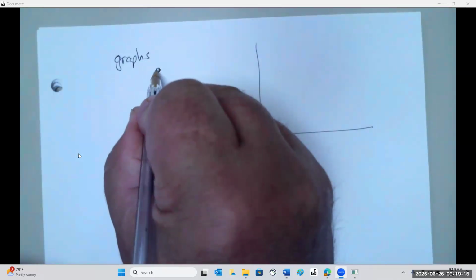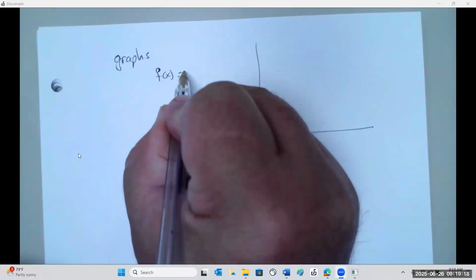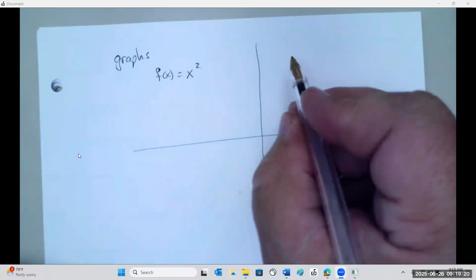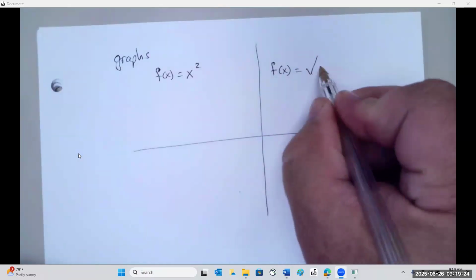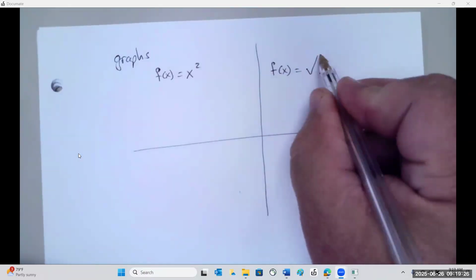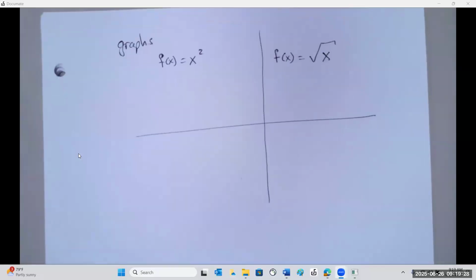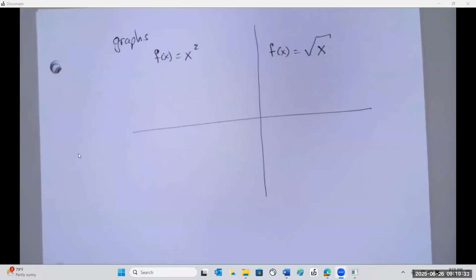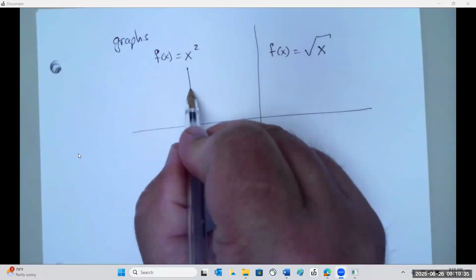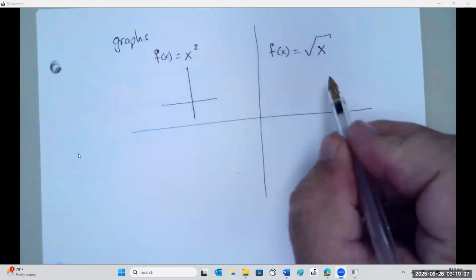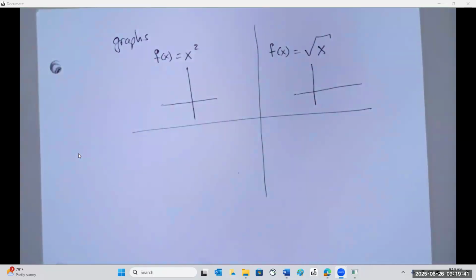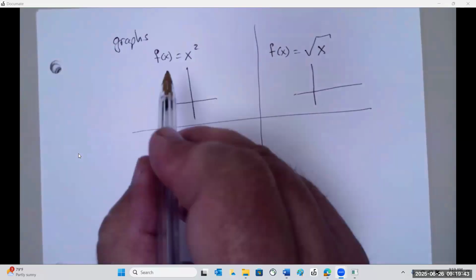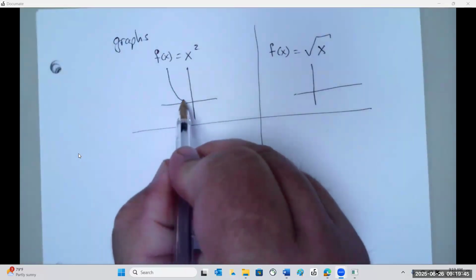So here's the graph of x squared and the graph of square root of x. So the graph of x squared is a parabola.